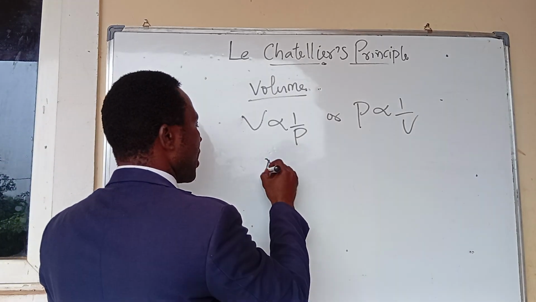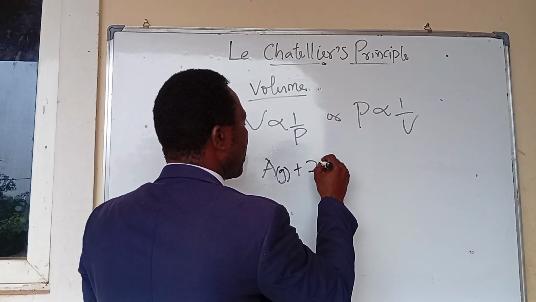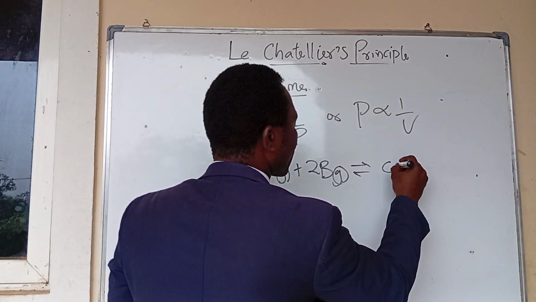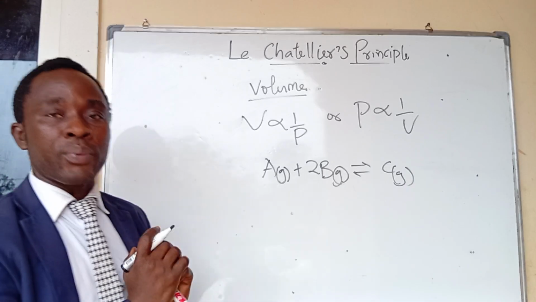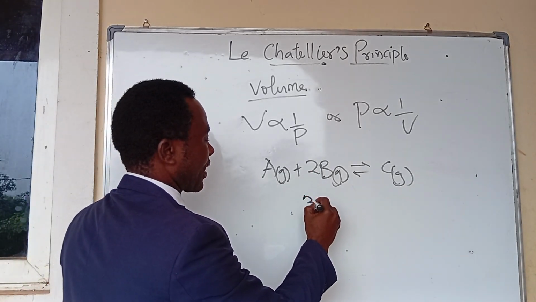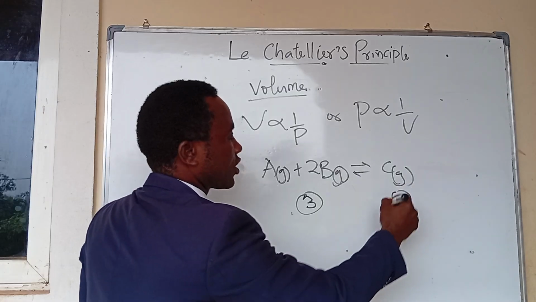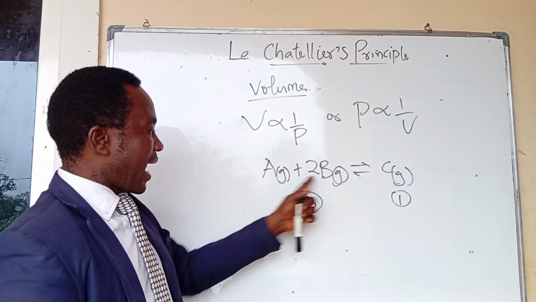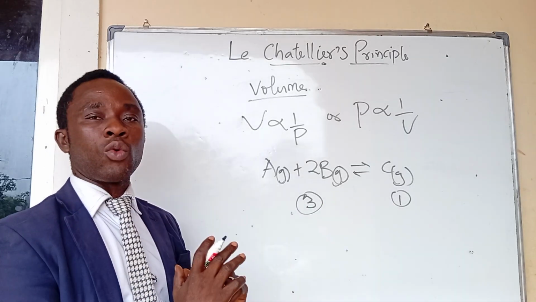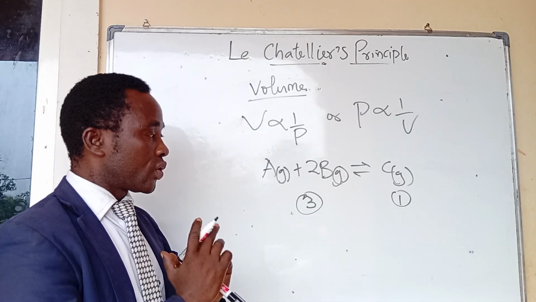So we have A gas plus 2B gas to give C gas. What is the effect of volume? Now, the number of moles here is 3. The number of moles here is 1. They are gases, so that condition is met. And the number of moles are not the same, so that condition is also met.